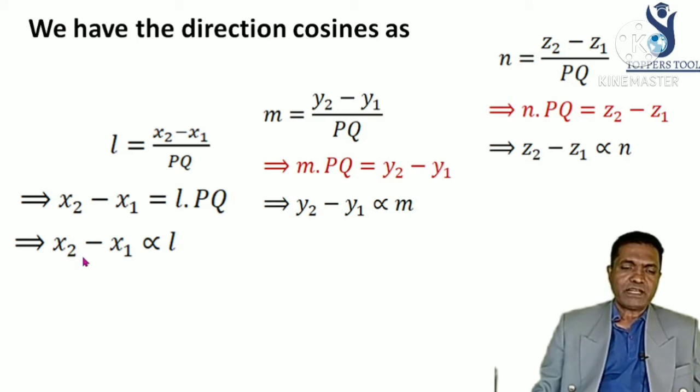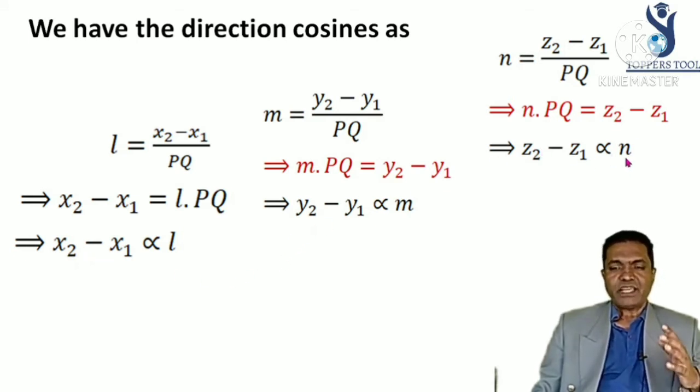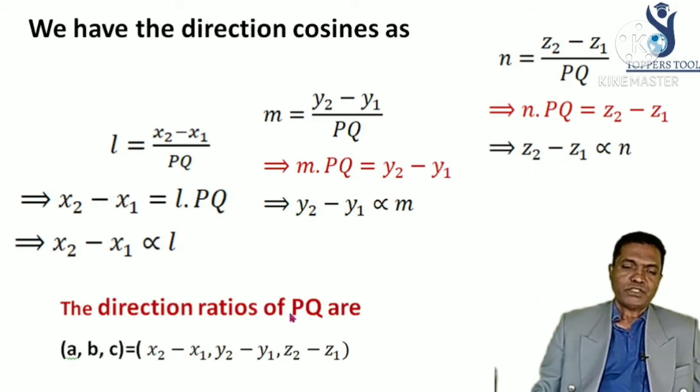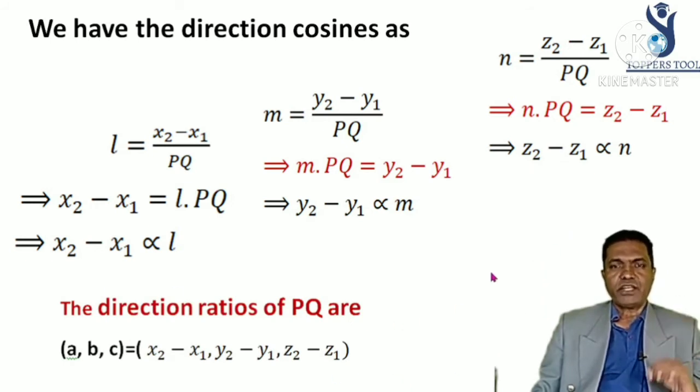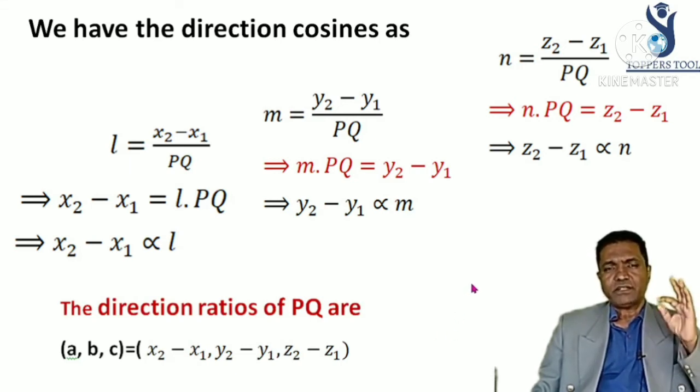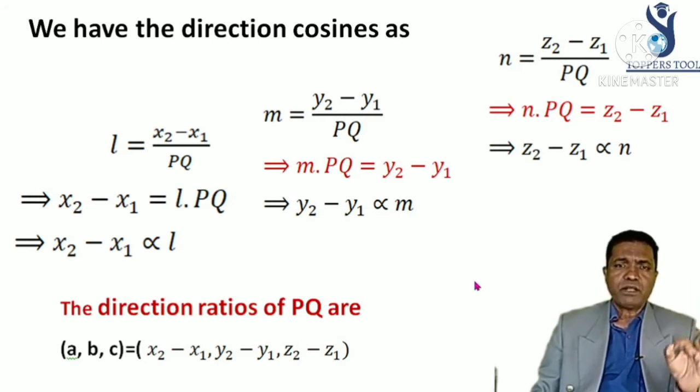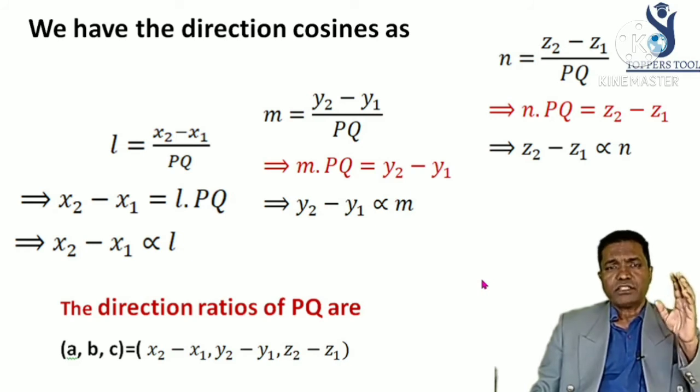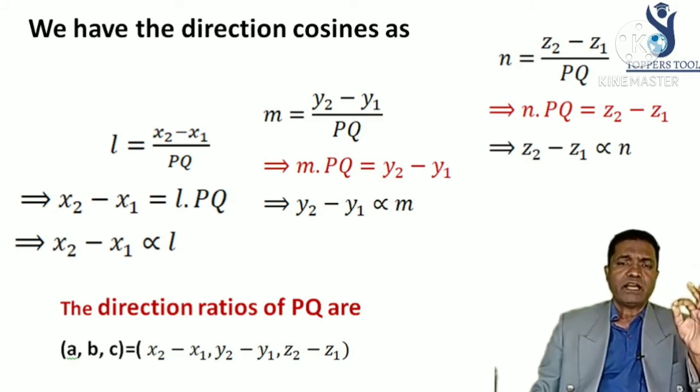So you can see that x2 minus x1, y2 minus y1, z2 minus z1 are proportional to the direction cosines. So they are called direction ratios. So the direction ratios of the line joining two points are x2 minus x1, y2 minus y1, z2 minus z1. Remember this clearly. Every simple point in this chapter is going to be important to understand big concepts.